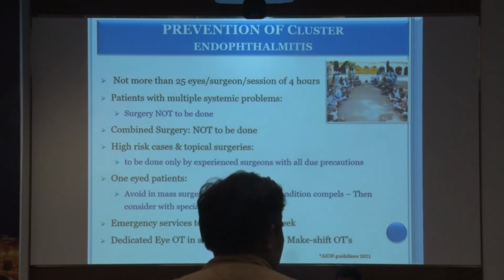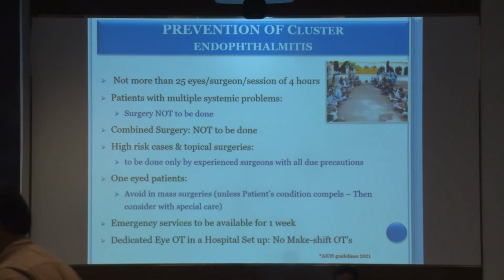As far as camp surgery is concerned, there are certain recommendations based on our own AIOS guidelines that we should not do more than 25 eyes per surgeon per session of 4 hours. Now these days surgeons can do very fast surgery, but that doesn't mean the surgery should take even less time; the measures to prevent infection should take more time, so that the patient does not have any infection.